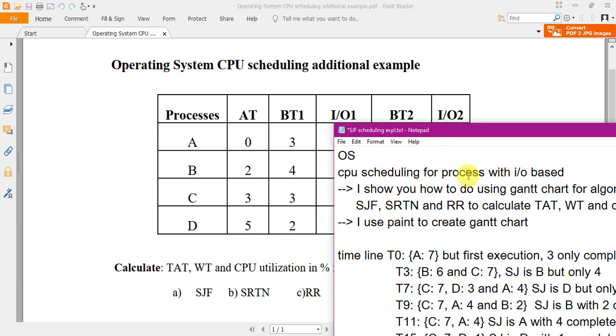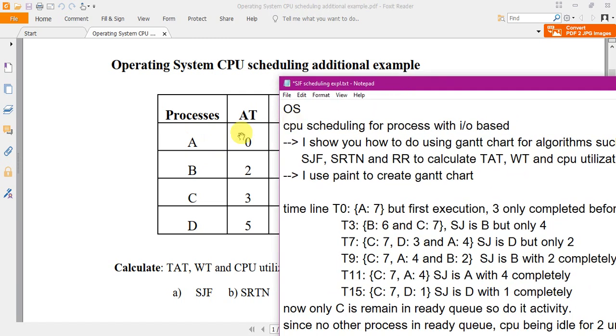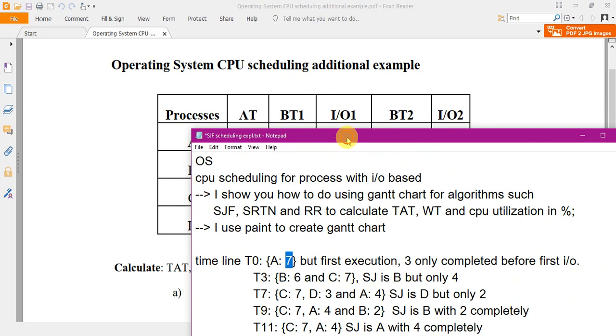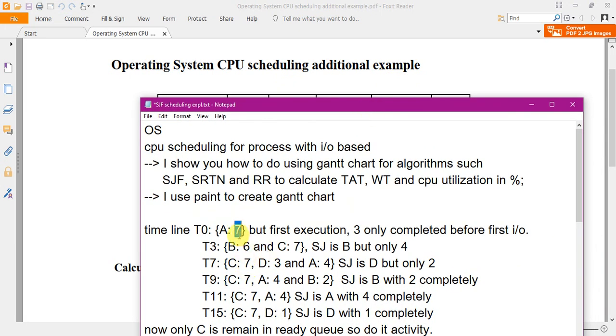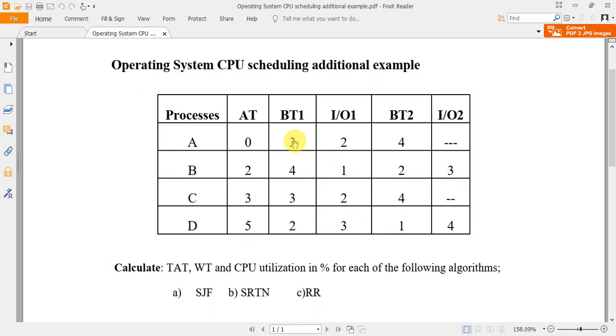A needs 7 CPU time units to complete its execution, even if there are IO requests in the middle that may leave until the end. The total CPU time process A requires is 7, but its first execution goes on for 3, because after the completion of 3 units, it must make an input output request, which may be further input for the next execution.